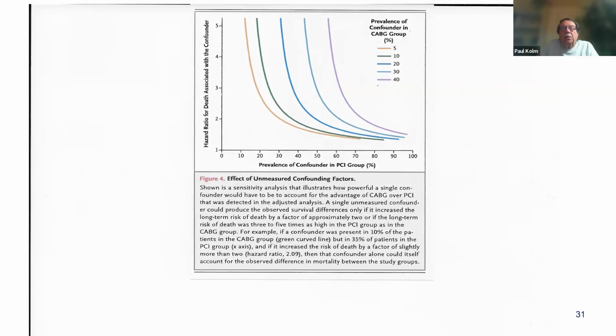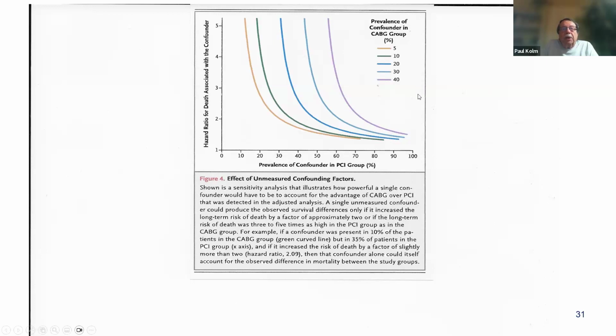And so what we're doing here, on the horizontal axis, is the prevalence of the confounder in the PCI group. And then the colored lines represent the prevalence of the confounder in the CABG group.